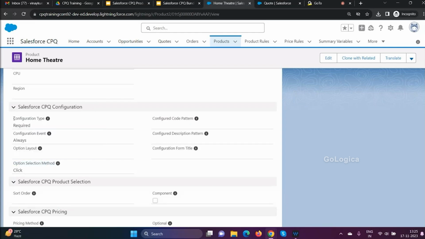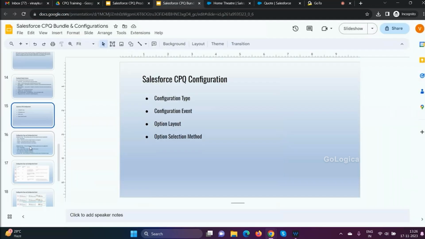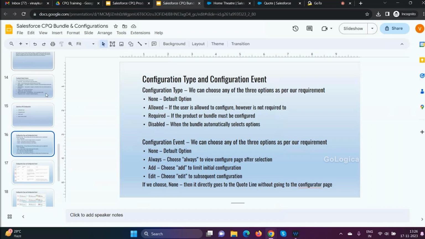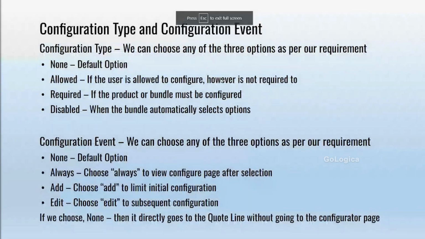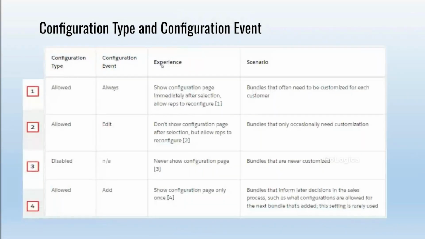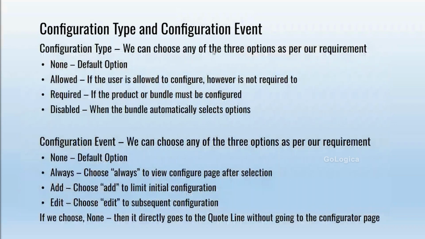Configuration type and configuration event we will look at first. In configuration type, if we choose none, and configuration event is also none, by default it will be none for the other one, then we will not be able to see the configurator page. It will directly land on the quote lines.